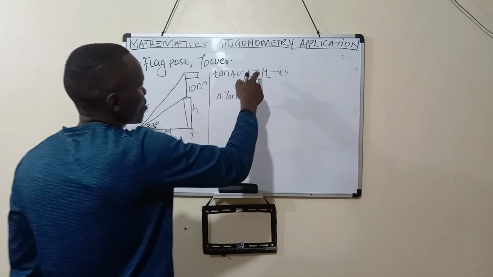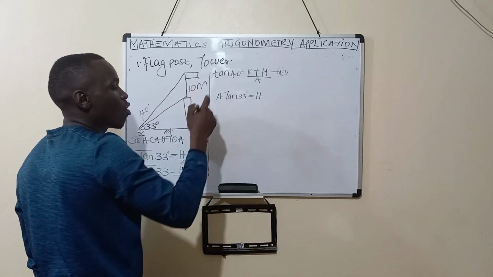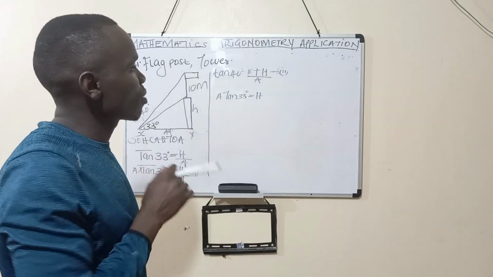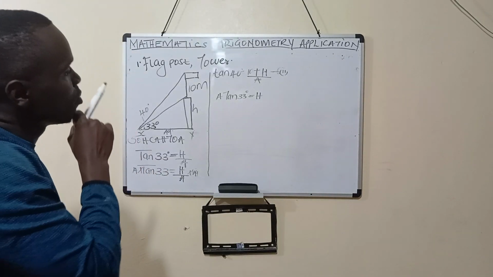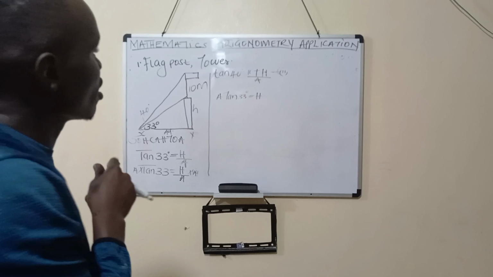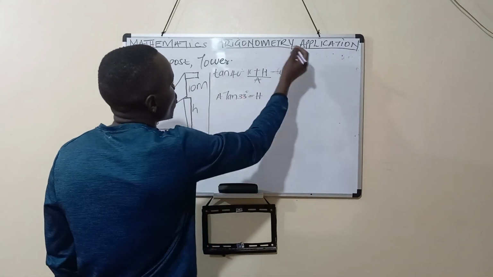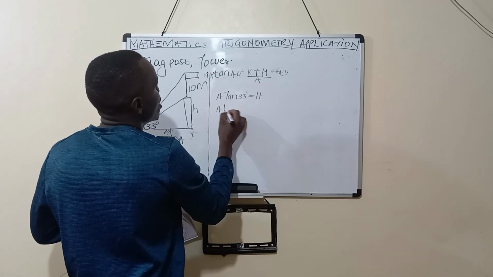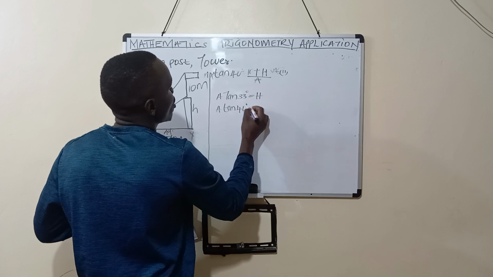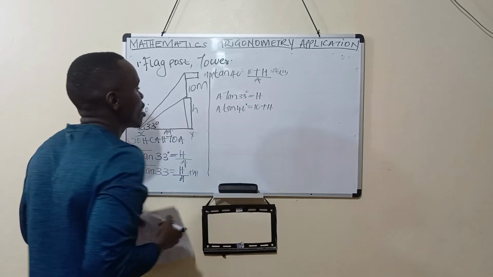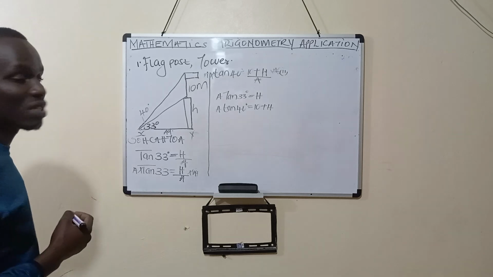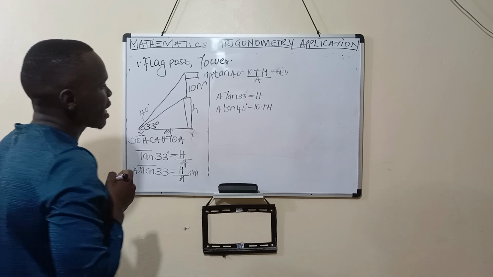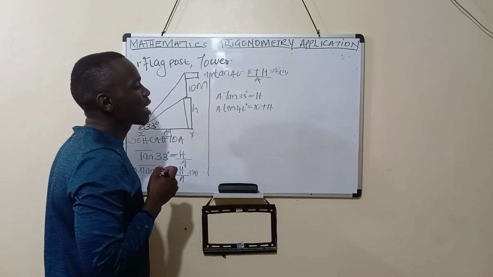In the second equation, we must make height the subject of the formula. So first of all, we eliminate the denominator by multiplying both sides by A. We are going to have A tan 40 degrees equals 10 plus H. Then we make height the subject of the formula by bringing like terms together.